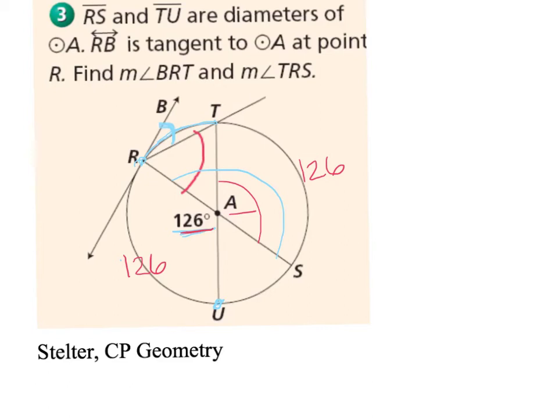Or, to keep that in mind, we could also say, well, we only have 4 arcs here. We have the 2 126s and then we have these 2. So we could go ahead and take 360 minus both 126s. So that is minus 126 minus 126.